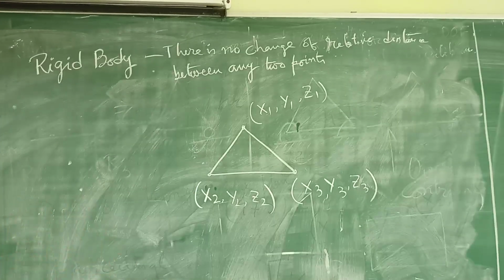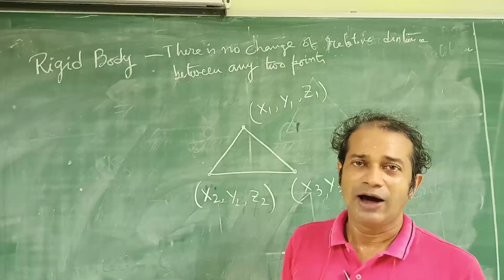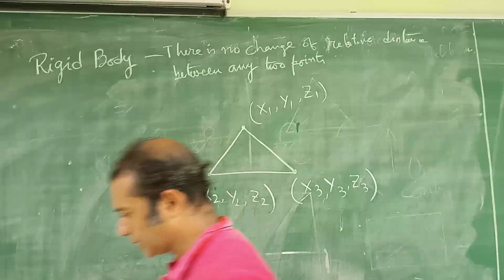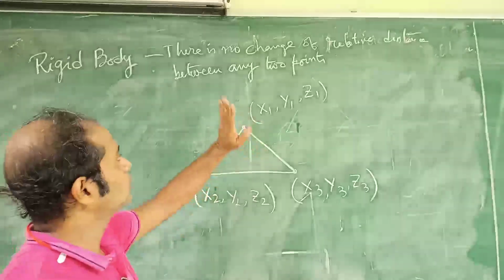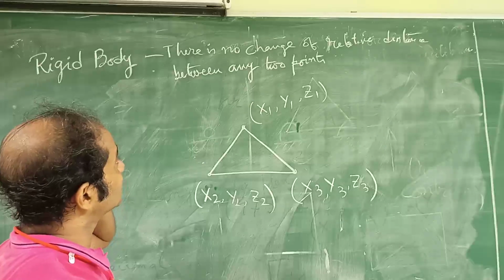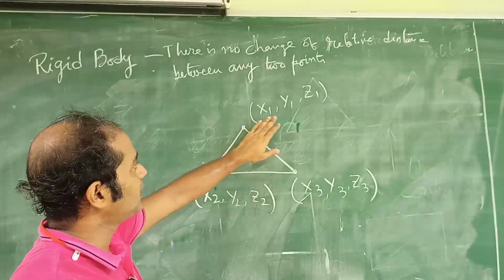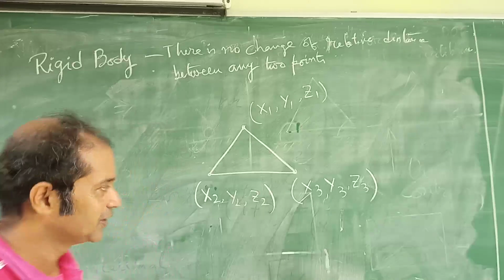So how many degrees of freedom is this triangle going to have? Because we are taking 3 points, right? Or we are going to start with the n number of points. We will be going up to the n number of points, but we are going to start at first with the 3 points. So the rigid body definition is telling that there is no change of relative distance between any 2 points. So you have made x1, y1, z1, x2, y2, z2, x3, y3, z3.